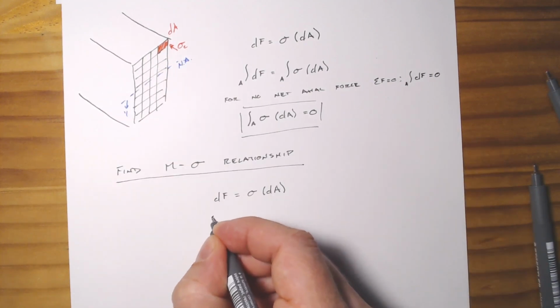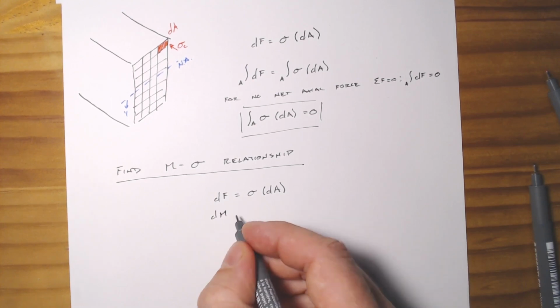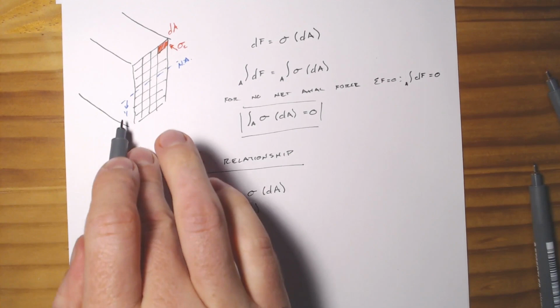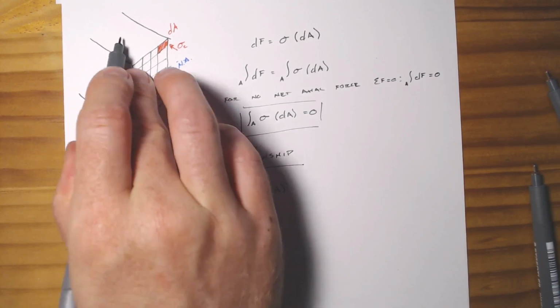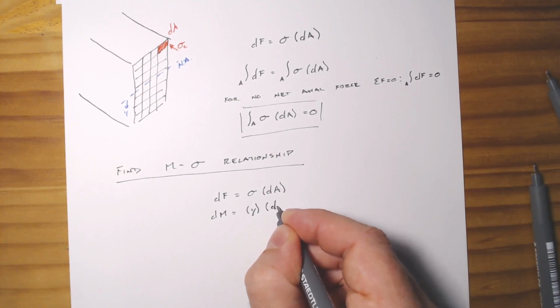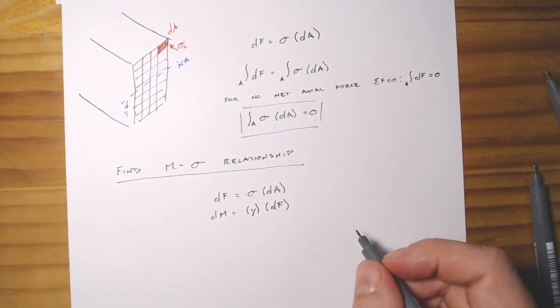So our little tiny moment, dM, equals the distance y away from the neutral axis, could go down, could go up, multiplied by dF.